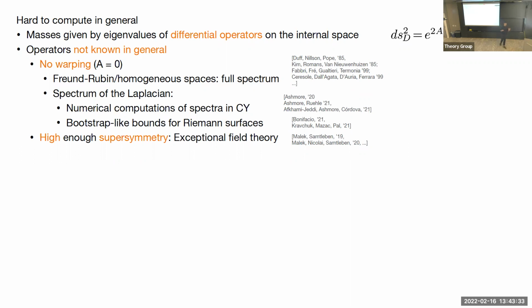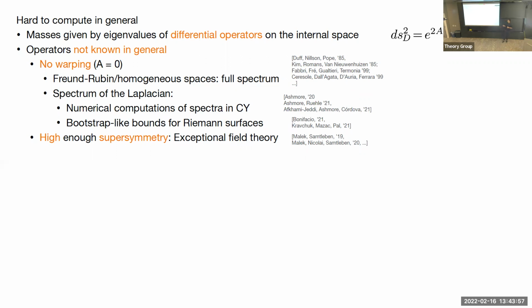In general, for warped compactifications, there are no complete Kaluza-Klein spectra known, except, again, when you have enough symmetry, in particular enough supersymmetry, where you can use some beautiful tools of exceptional field theories. But the current status of those is that they work when you have maximal supersymmetry in the reduced theory.